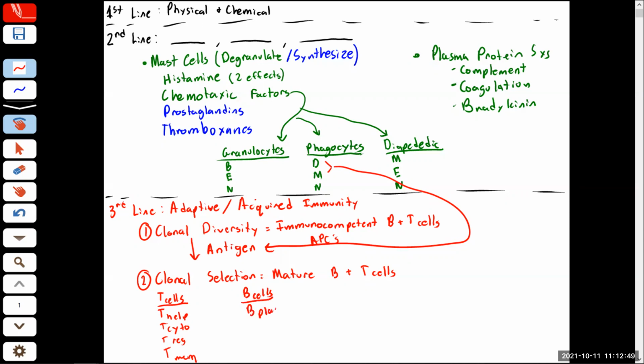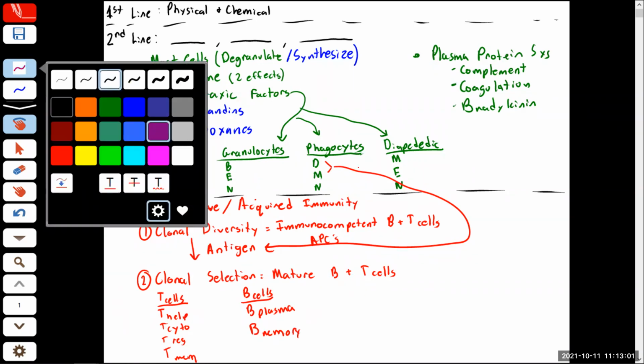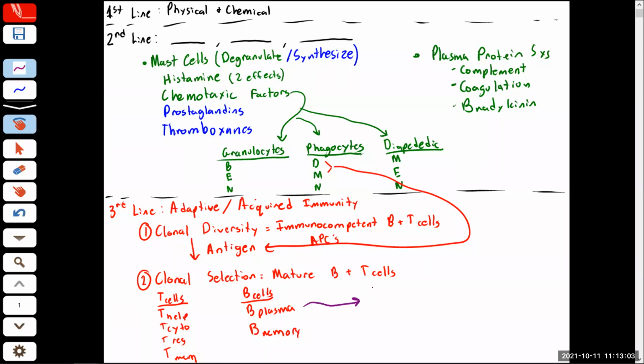B plasma, B memory. Now, B plasma cells, what do they do? They make antibodies. Now, here's the hard question. What were the antibodies you were responsible for?